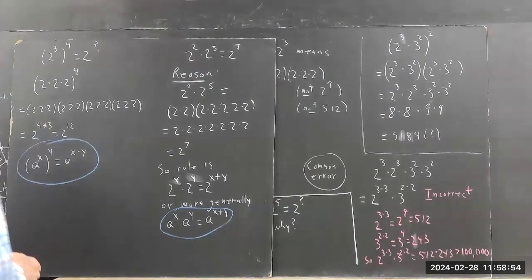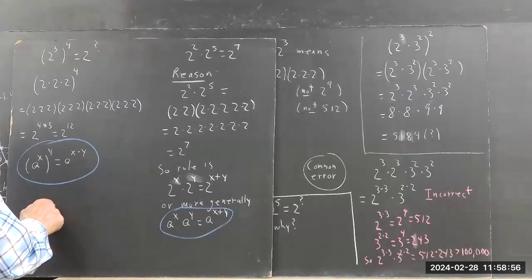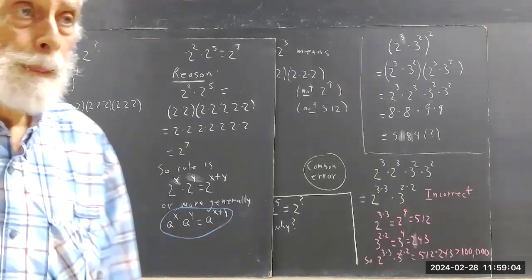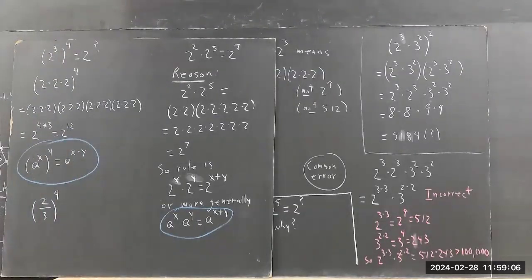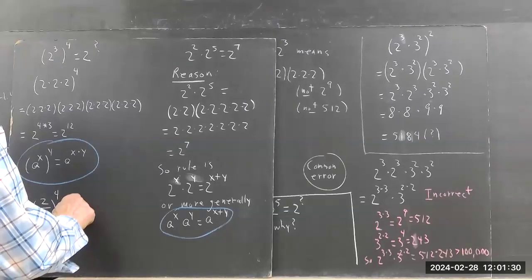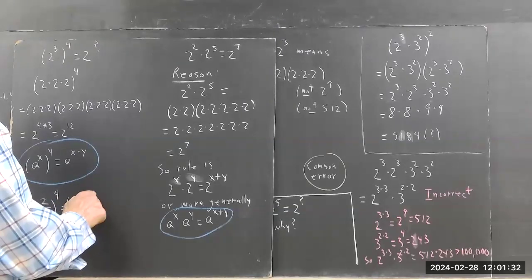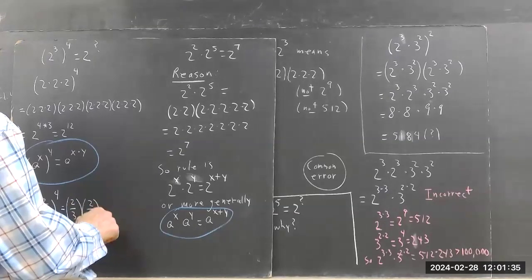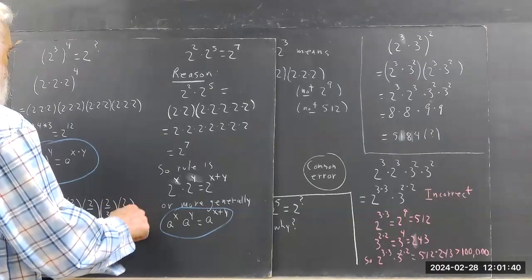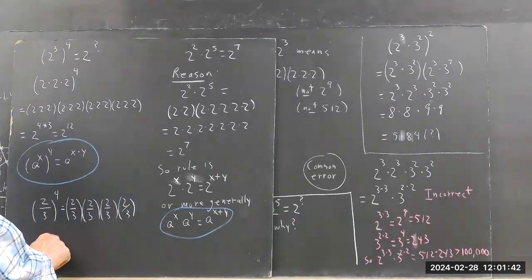Now, what do you think 2/3 to the fourth power would be? Well, let's look at 2/3 to the fourth power. That's 2/3 times 2/3 times 2/3 times 2/3.